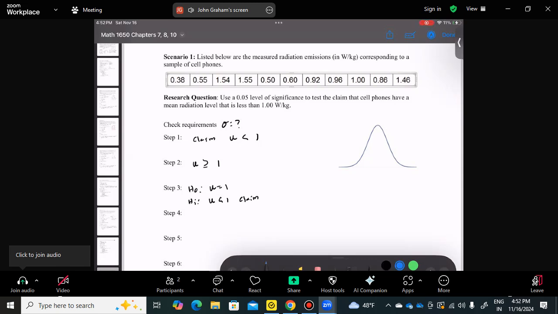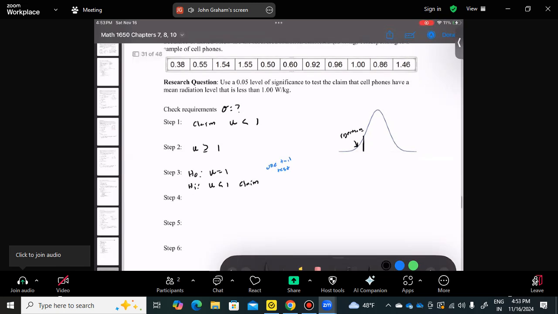And so again, it's a one-tailed test, and we're looking at the lower region being the rejection region. We are looking at a significance level of 0.05, and this is going to be a t-distribution right now.